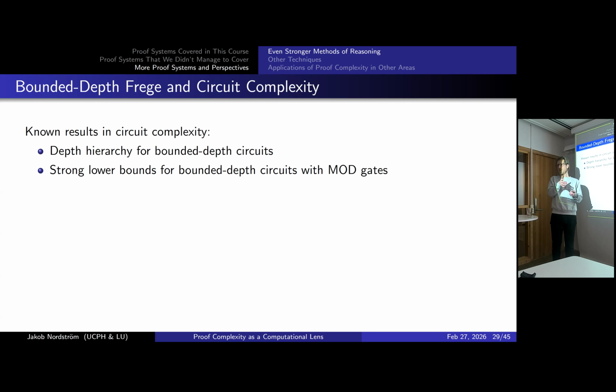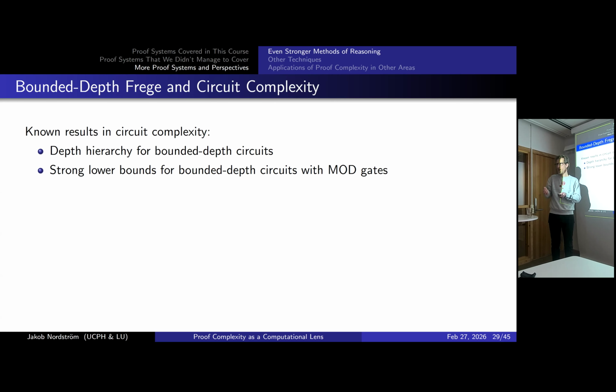Now, people also study threshold circuits, and you can define threshold proof systems on the proof complexity side, which would be maybe high degree versions of cutting planes, if you will. The interesting thing is that circuit complexity long ago proved bounded depth circuit lower bounds.